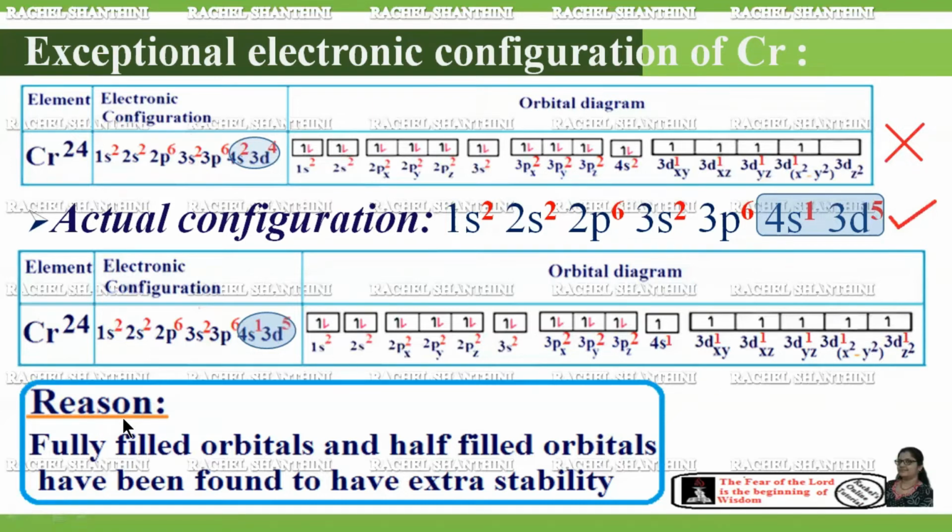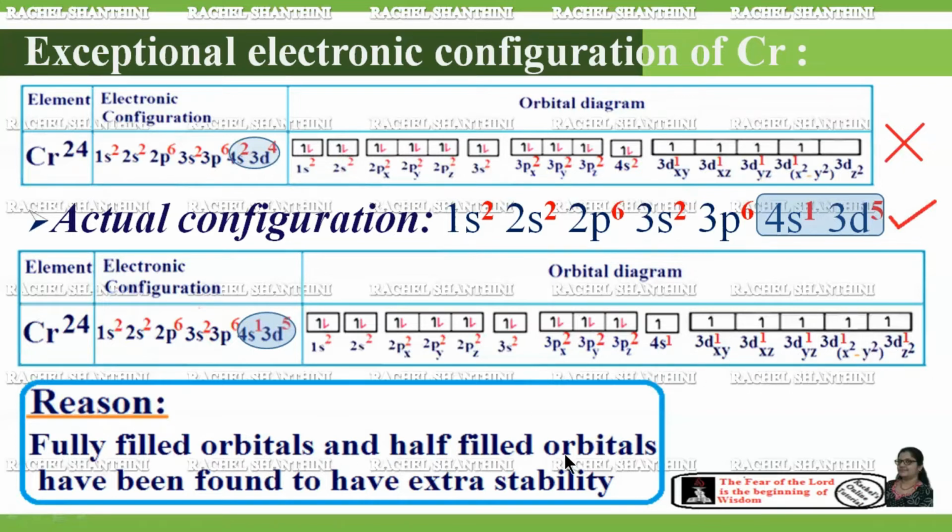The reason is, when you look at this expected configuration, there is one empty box here, right? But in the actual configuration, all the orbitals are occupied by one electron, right? When you look at the orbitals of 4s and 3d, they are half filled, right?